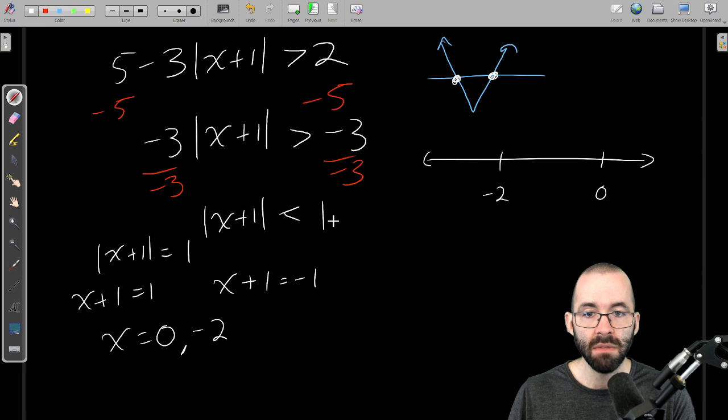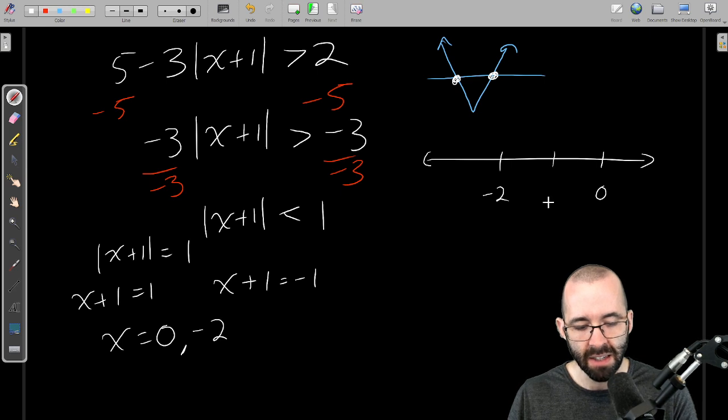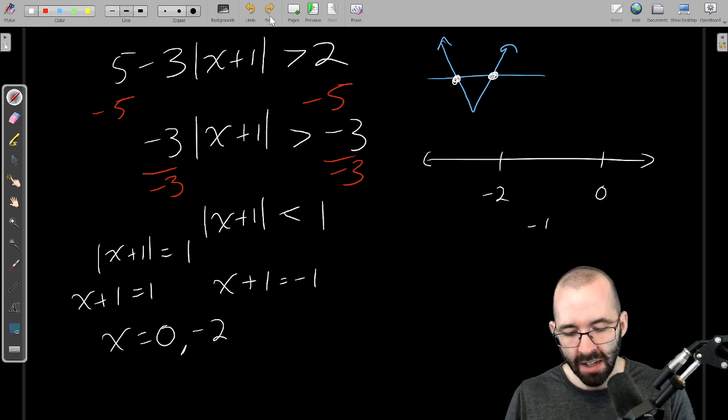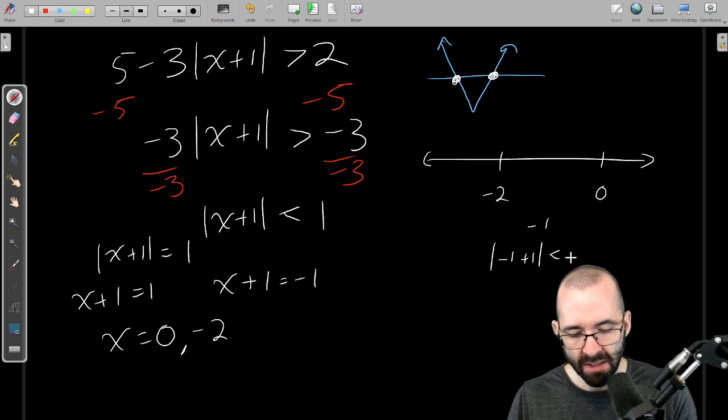These are less than 1, smaller inside. So let's test a number on the inside, maybe -1. At -1, and again, you can use either this inequality or this inequality, is the absolute value of -1 plus 1 less than 1?